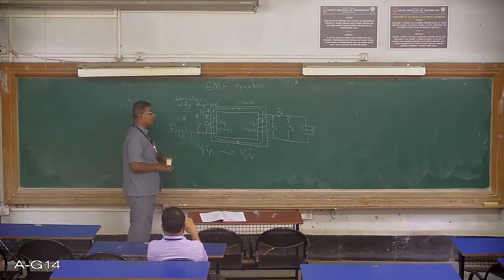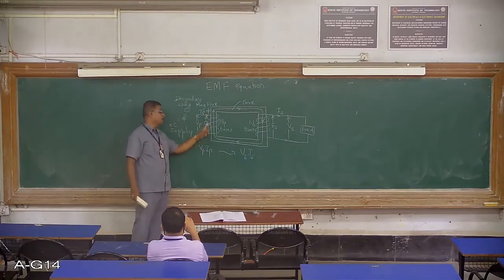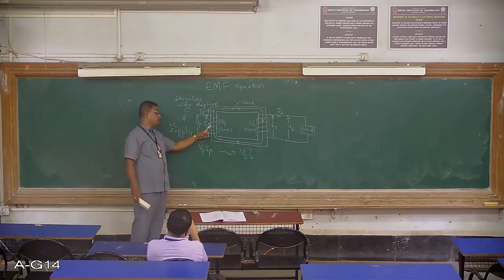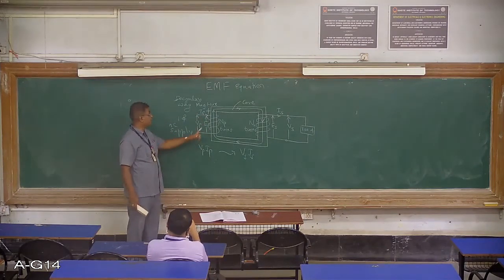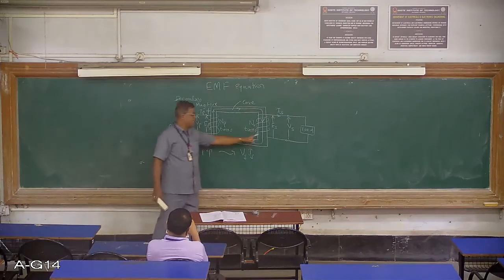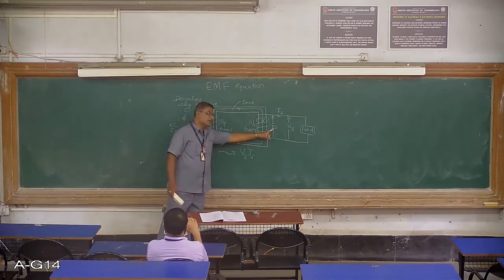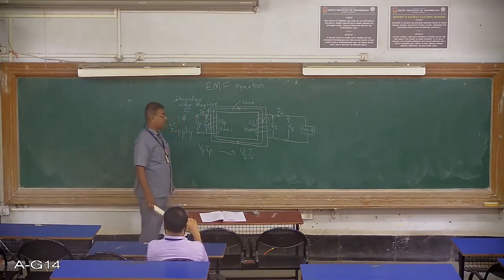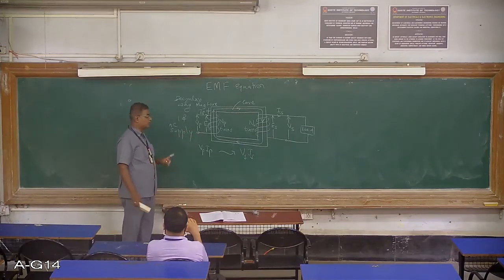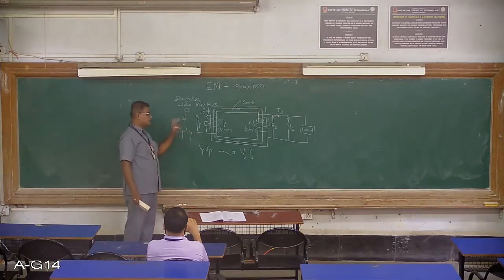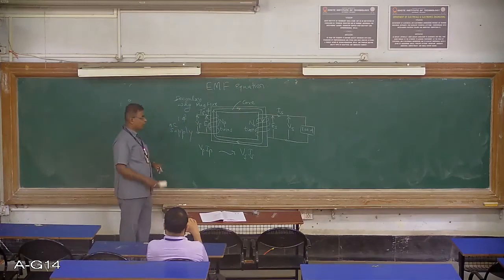Therefore, as per Faraday's law, you will find an EMF induced in the primary coil itself, called the self-induced EMF EP. ES is the mutually induced EMF through mutual induction as per Faraday's laws of electromagnetic induction. This principle I have reminded once again.